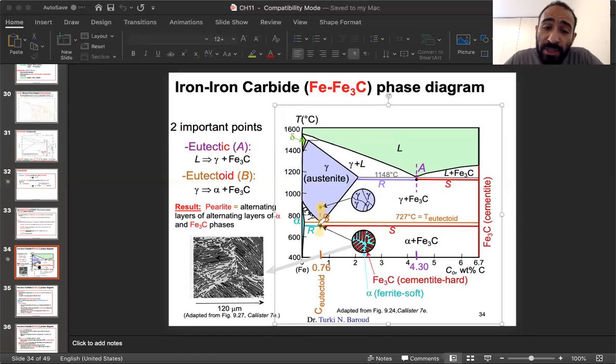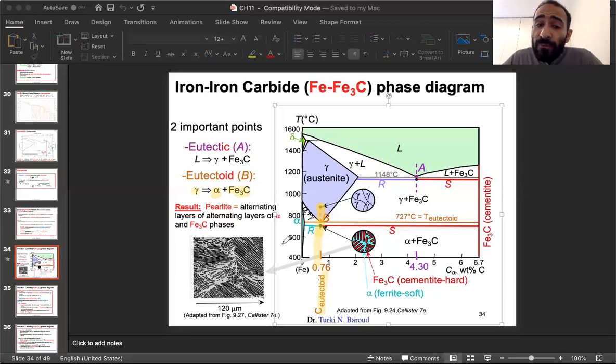This is a special composition, called the eutectoid composition. It has 0.76. What is special about this composition? All the gamma austenite, the raw material that you have, is going to transform directly into alpha plus iron carbide.